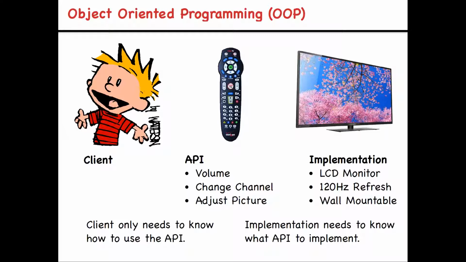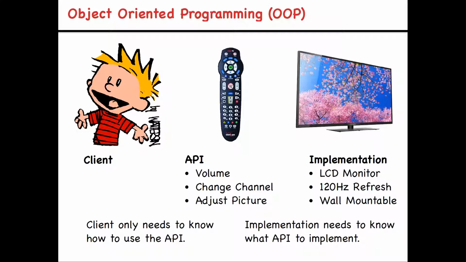So we think back to the card again. I should be able to flip the card from back to front. That's something that I should program as the implementer. Someone who wants to use my card class should be able to just flip the card front to back or back to front and not have to worry about how exactly I did that code. So the implementer needs to know what API to implement.